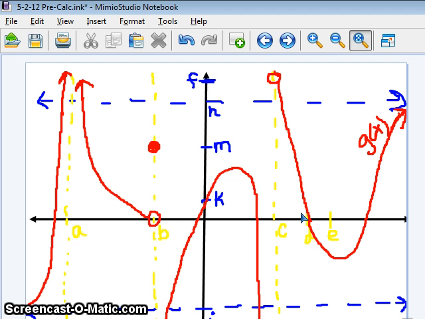Number 11, 12, and 13 are completely different. Are they limits at all? They are not limits at all. Number 11 tells me to just evaluate the function at A. What is my value of the function at A? Well, it's not that the limit is positive infinity.